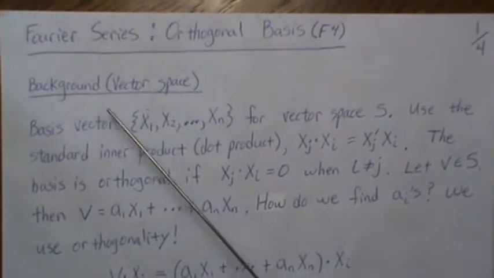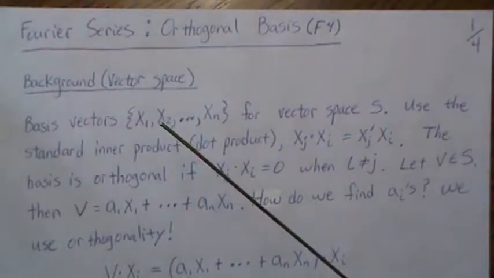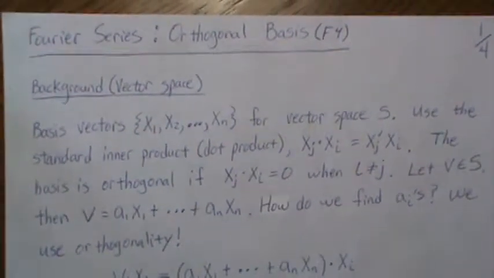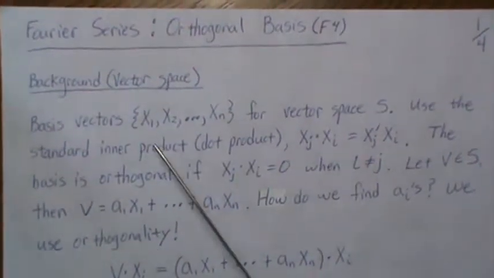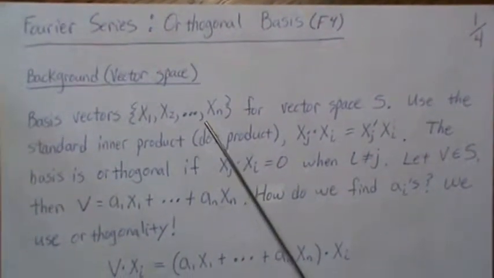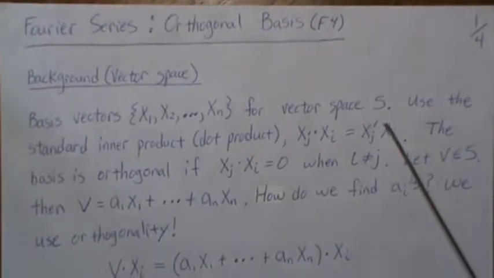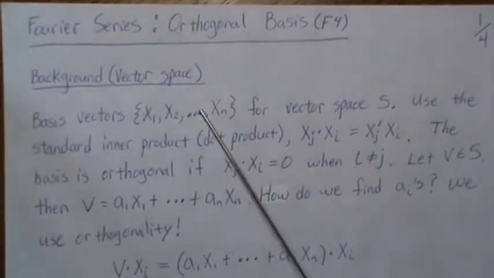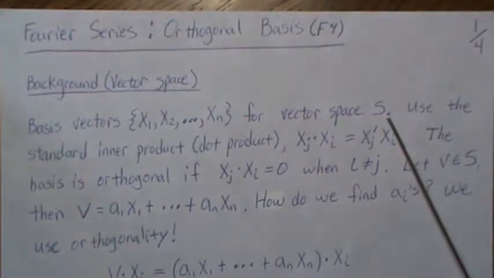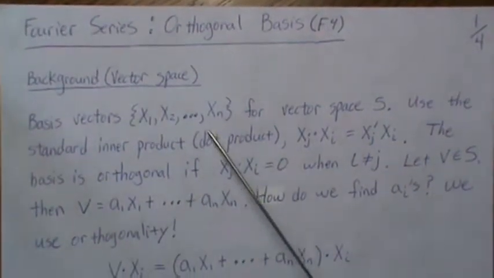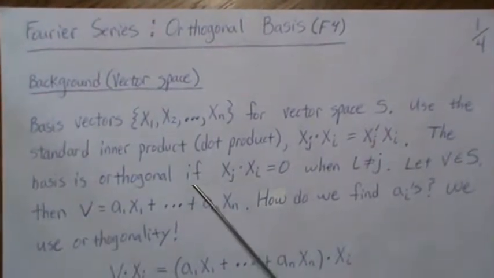So a little background, very briefly, on vector spaces. Let's say there is a space called S, and we have some basis vectors for our space, and these span this space. Of course, with any vector space you need an inner product.